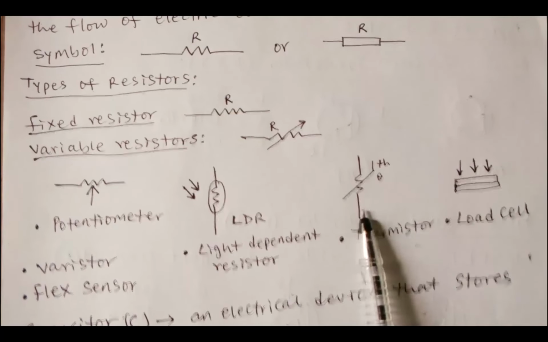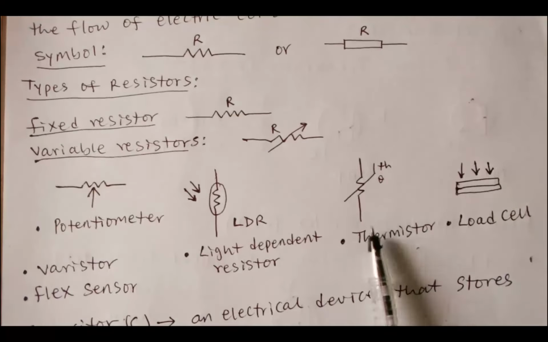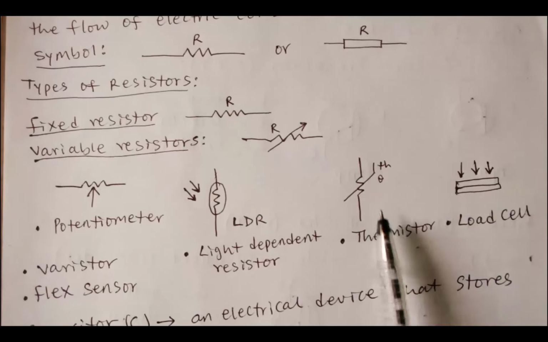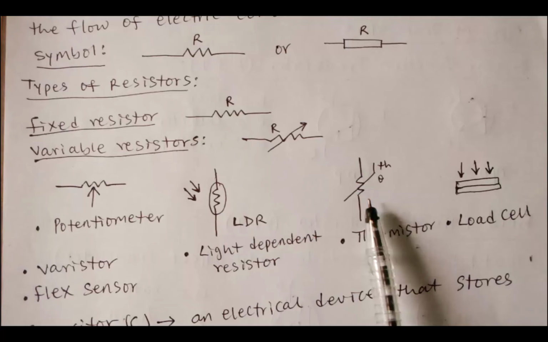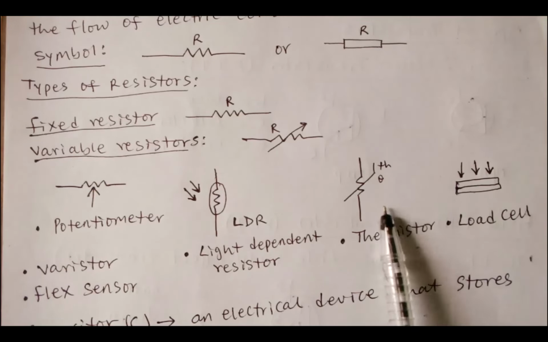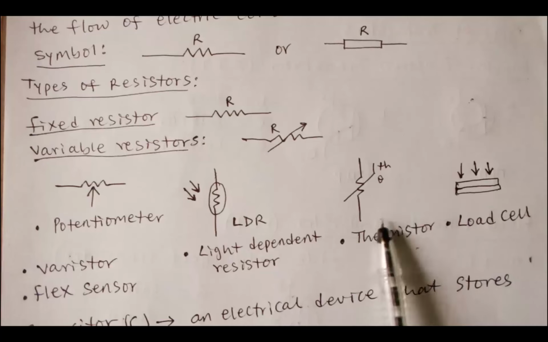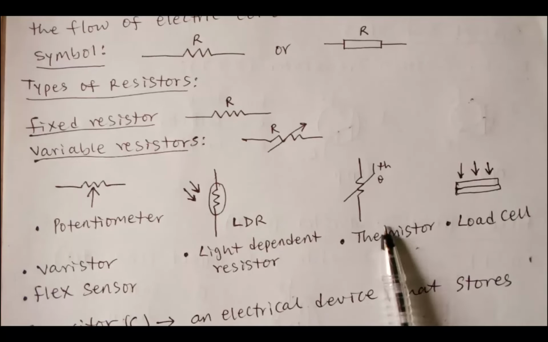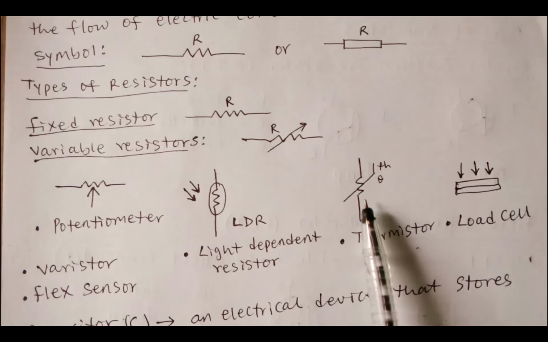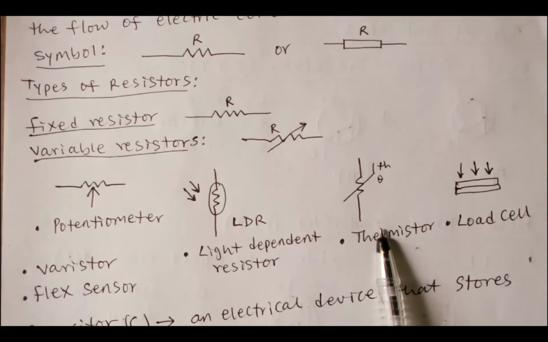As the temperature changes, the resistance changes. There are two types, PTC and NTC. PTC stands for positive temperature coefficient, that is, increasing temperature leads to increasing resistance. NTC, negative temperature coefficient, means an increase in temperature leads to a decrease in resistance.